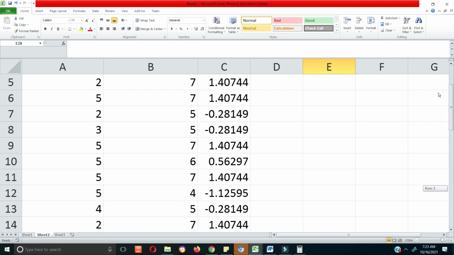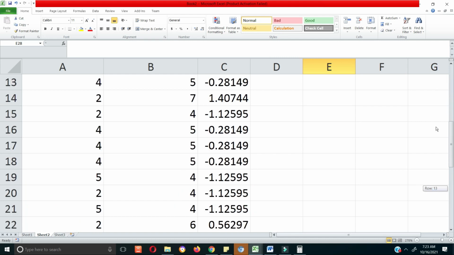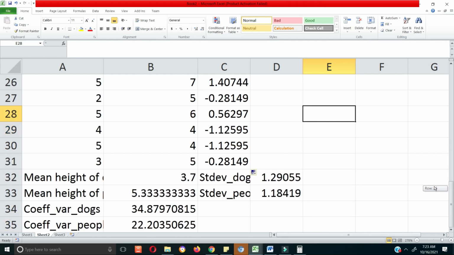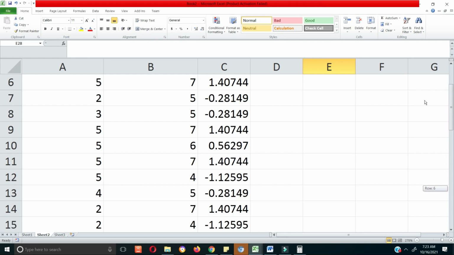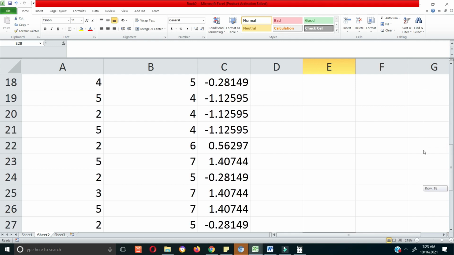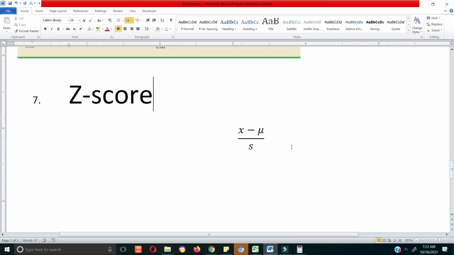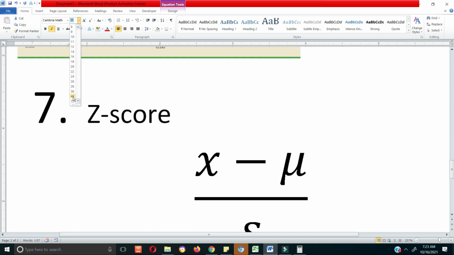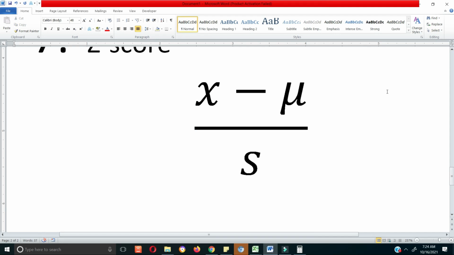Yeah, generally it's very rare to get z-scores which are greater than 3 in data. I'll tell you why in a bit. So this is the z-score, which is simply x minus mu over the sample standard deviation. Okay, so that brings us to the end of that video.